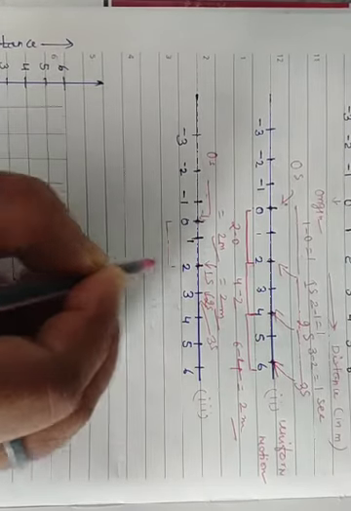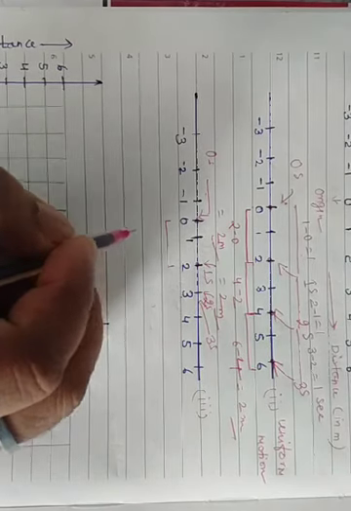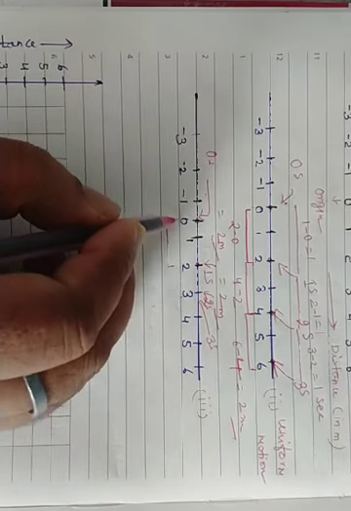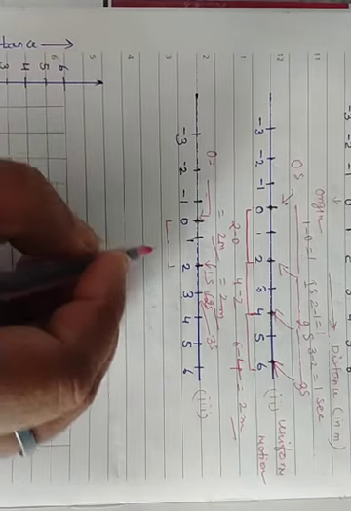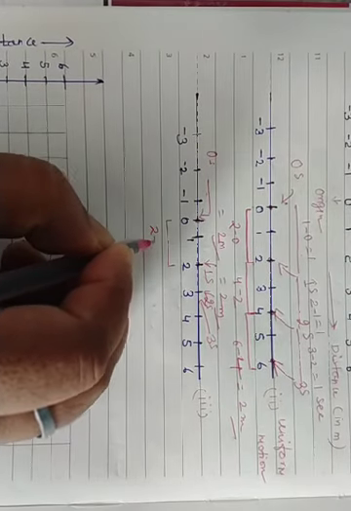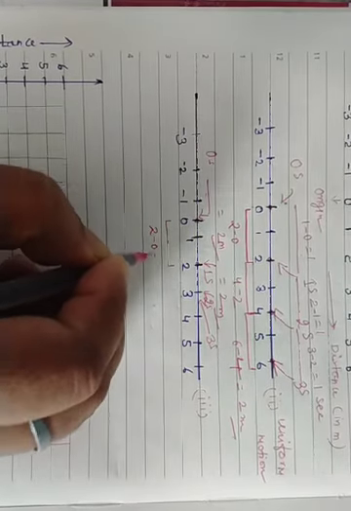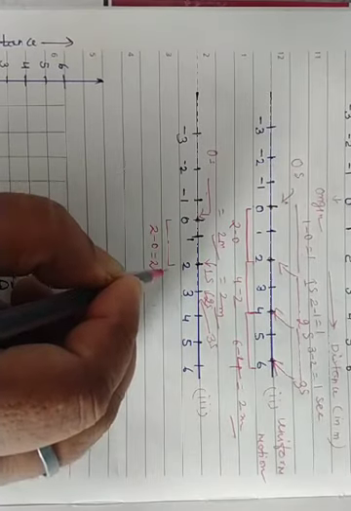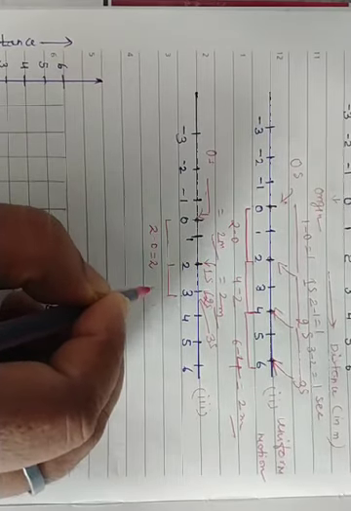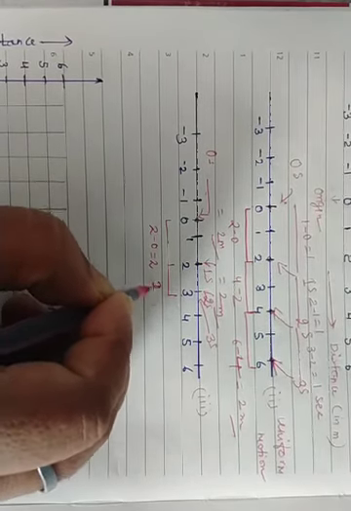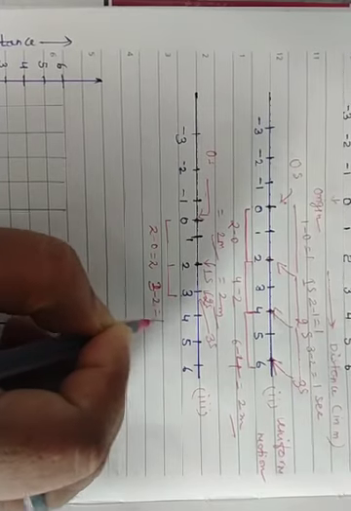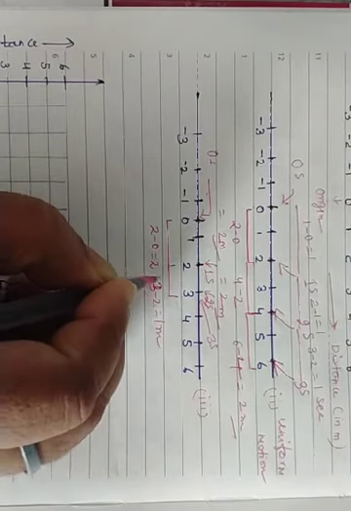So we can see here that the distance covered is 2 minus 0, which gives you a resultant of 2, and 3 minus 2 is equal to 1 meter.